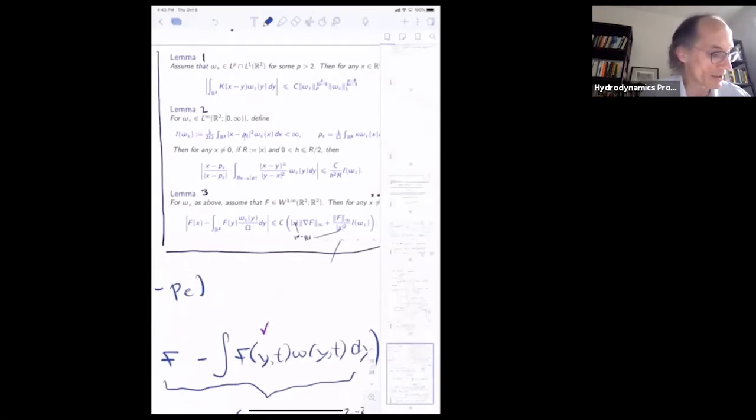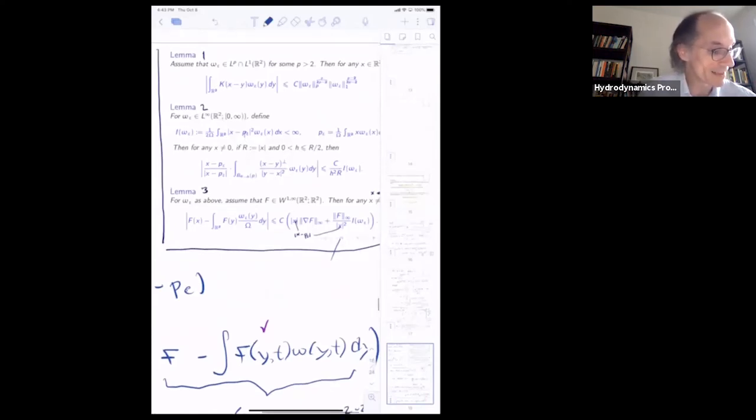In this lemma, we're applying with r equal to rho. R was the distance of x from the center of vorticity. X minus p epsilon is rho, and we're taking h to be rho over 2.